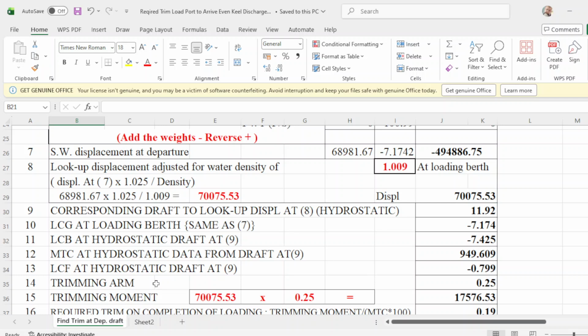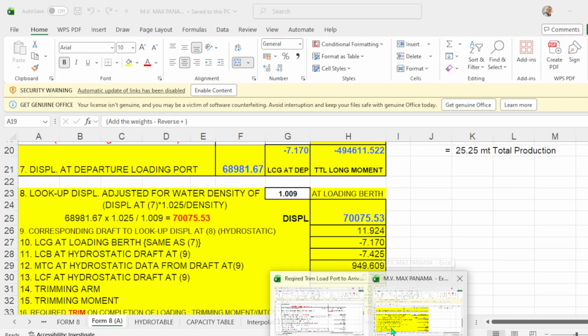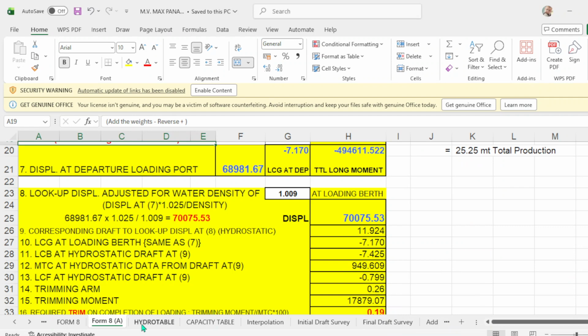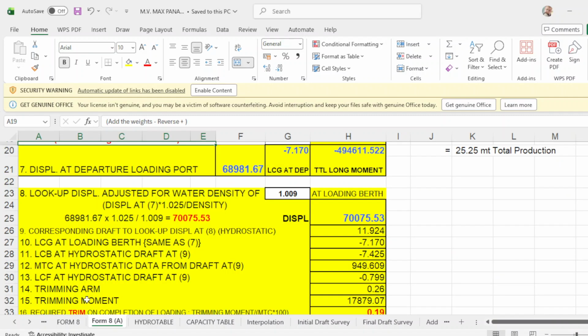Number 12, LCF at this draft of 11.9 is negative 0.799. The LCF is negative 0.799.